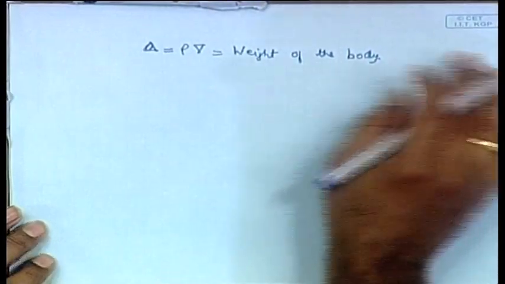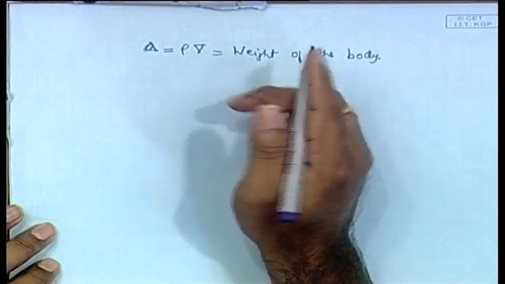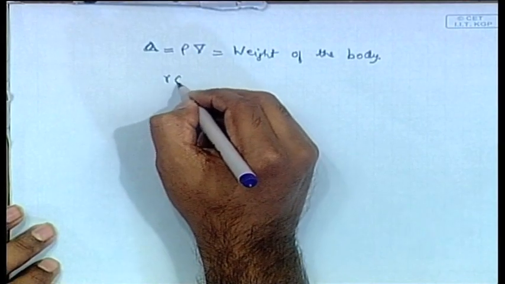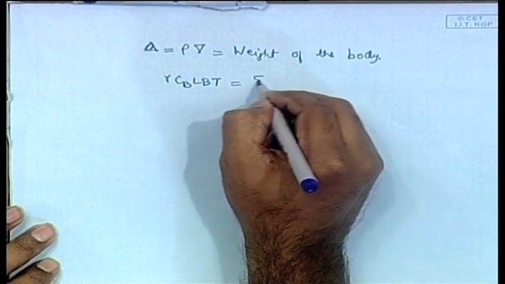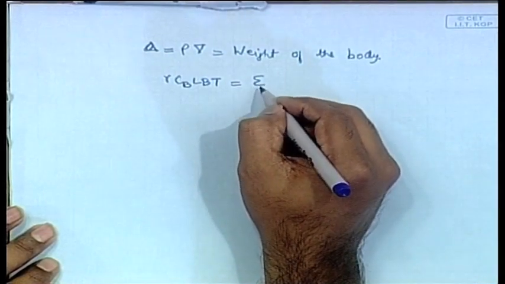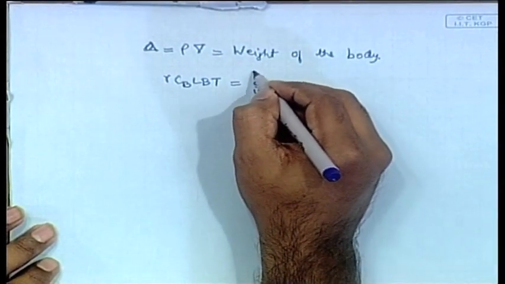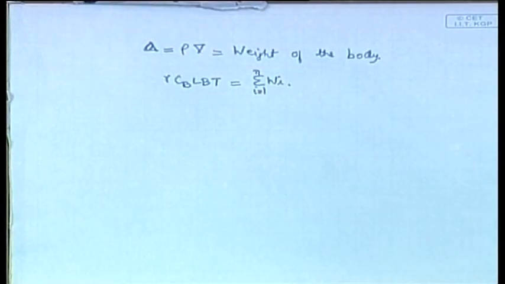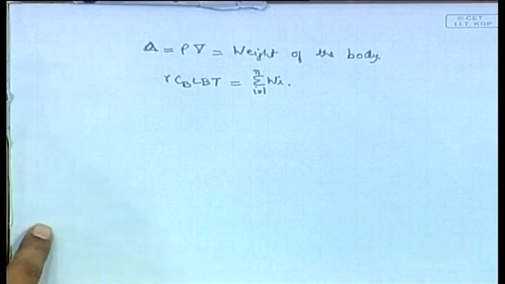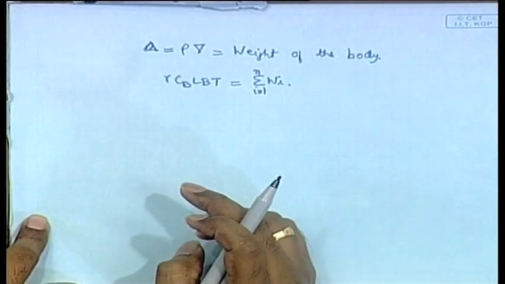This is the first thing which we covered today, which can be written as the total weight of the body is given by gamma Cb into LBT. So, just so that you remember how Cb is connected to del, that is all.